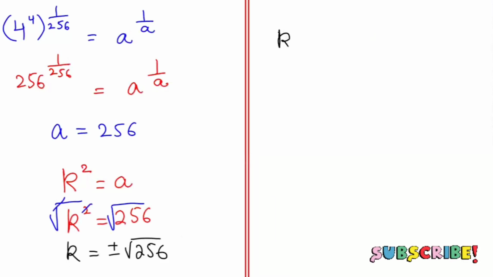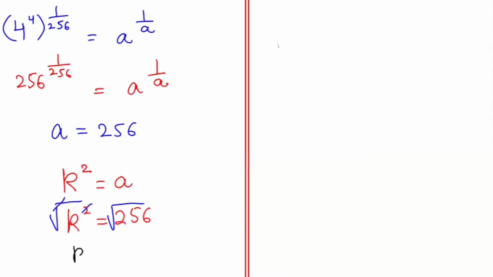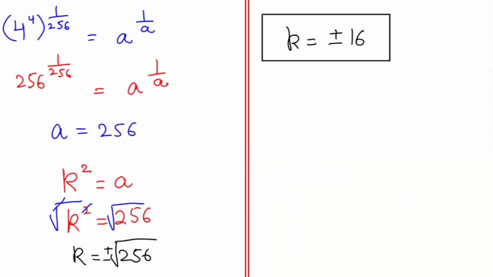Now k = plus or minus the root of 256, which is 16, so k = plus or minus 16. So this is our final answer.